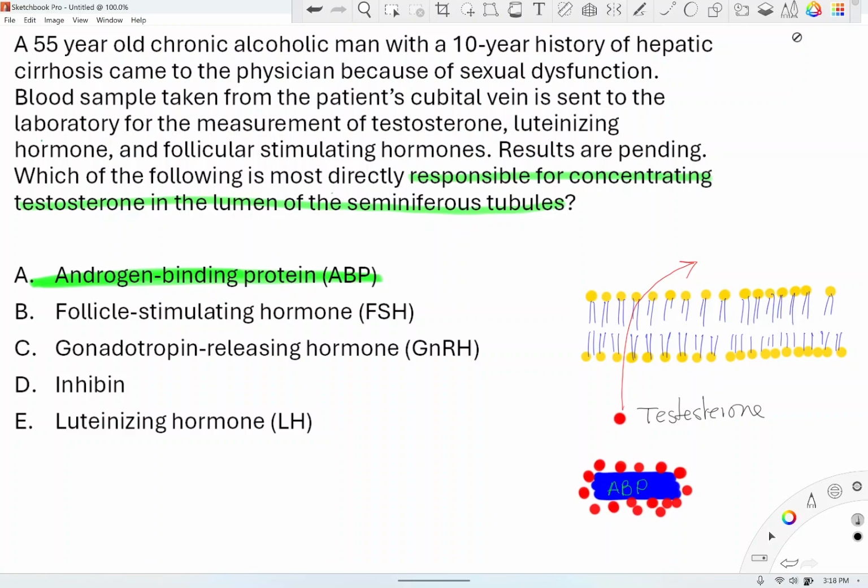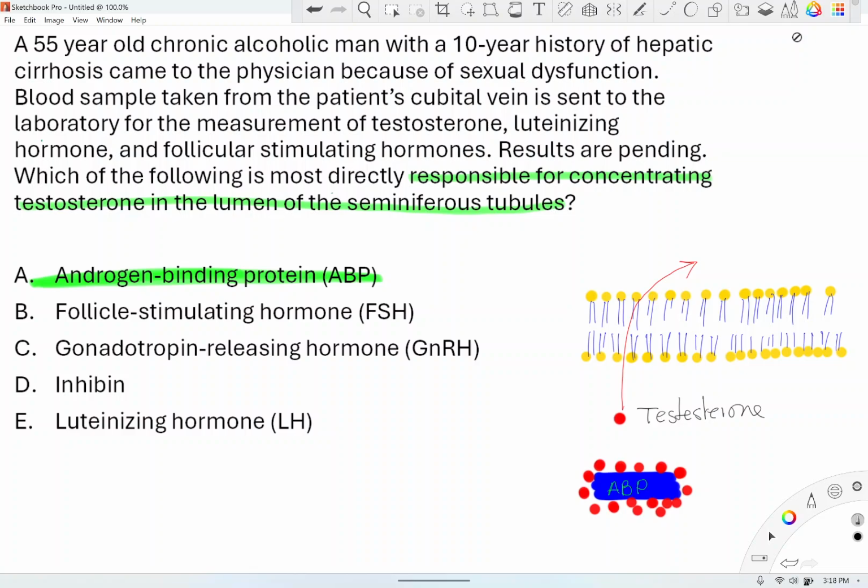Next is gonadotrophic releasing hormone. All releasing hormones are released by the hypothalamus. So GnRH is released by the hypothalamus, then it acts on the anterior pituitary to release LH and FSH. Inhibin is produced by testes by Sertoli cells, which are tubular cells.